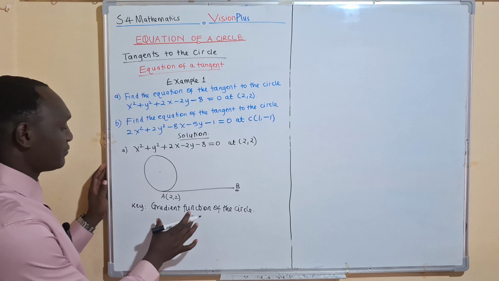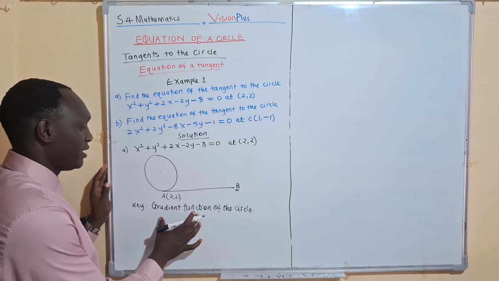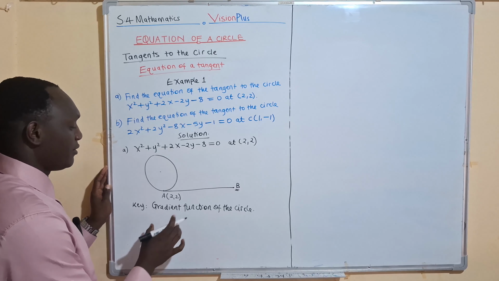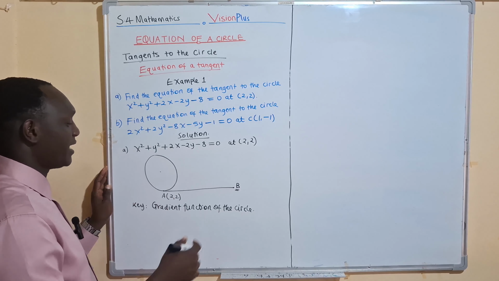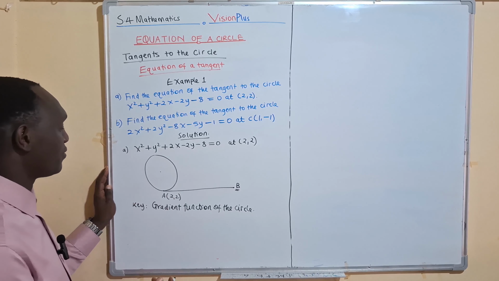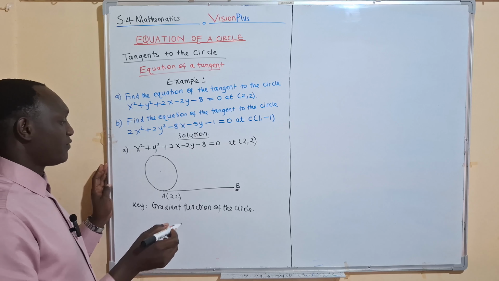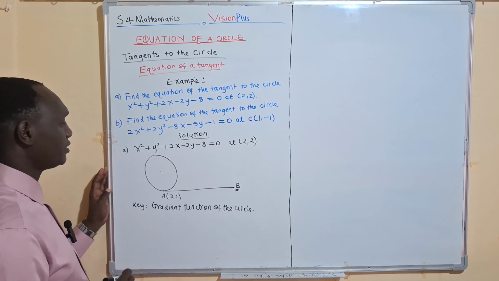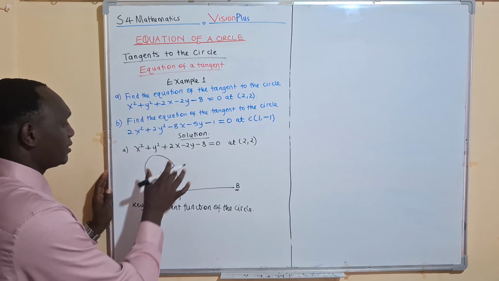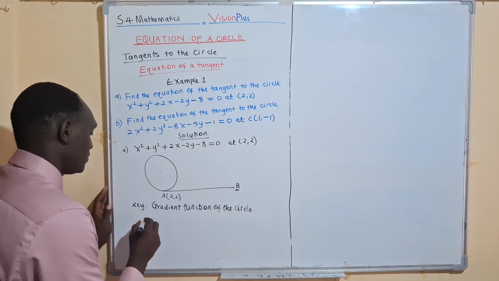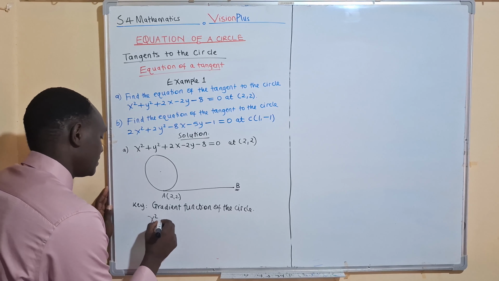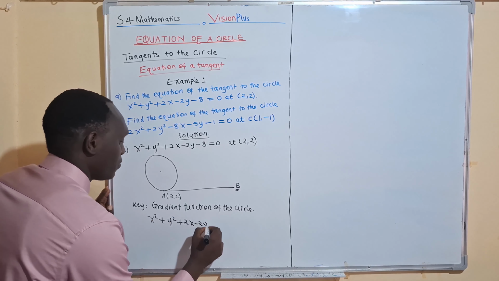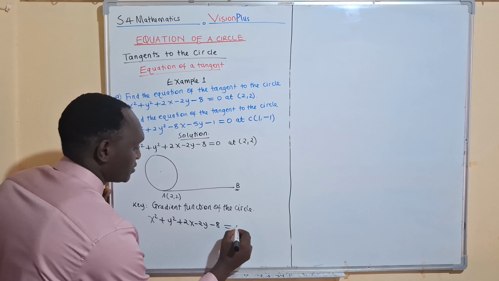So we need the gradient function of the circle, which will define what the gradient of the circle at any point of the circumference is. So we need the equation of the circle, which is given as x squared plus y squared plus 2x minus 2y minus 8 equals 0.